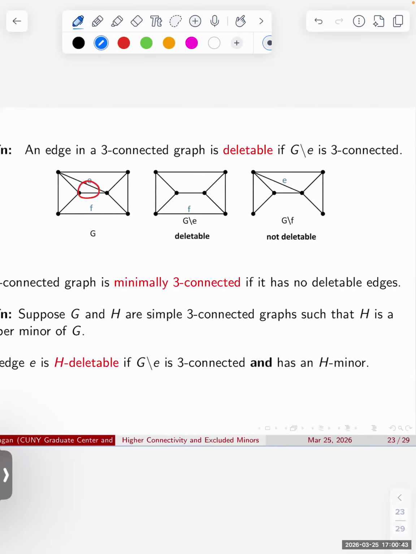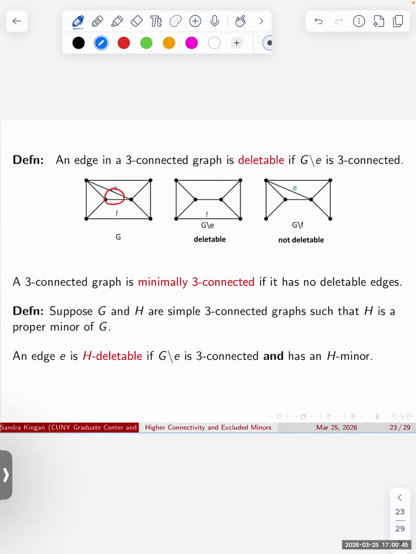So moving on, let me just introduce this. An edge in a 3-connected graph is deletable if you can just remove it and preserve 3-connectivity, right? So this edge here, you can remove and preserve 3-connectivity, because G delete E is a prism.